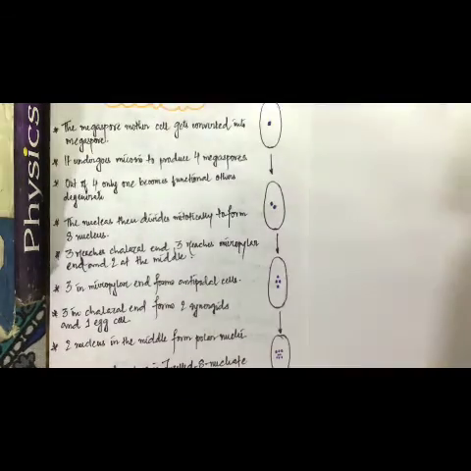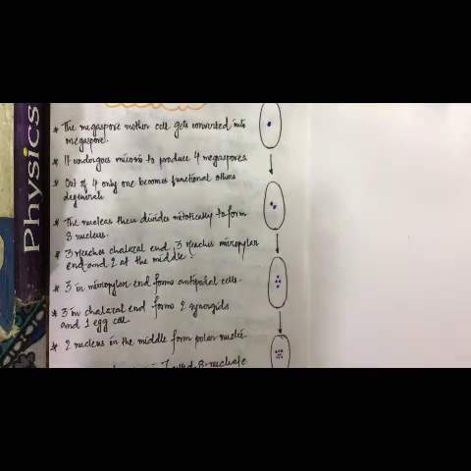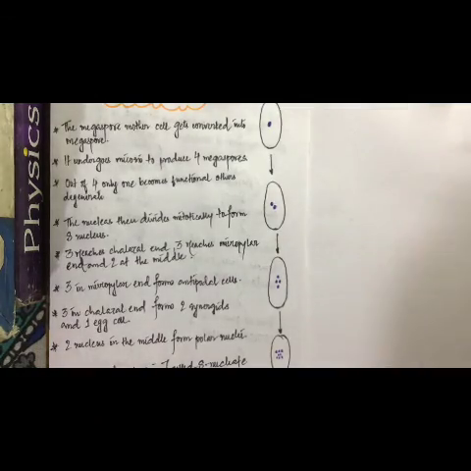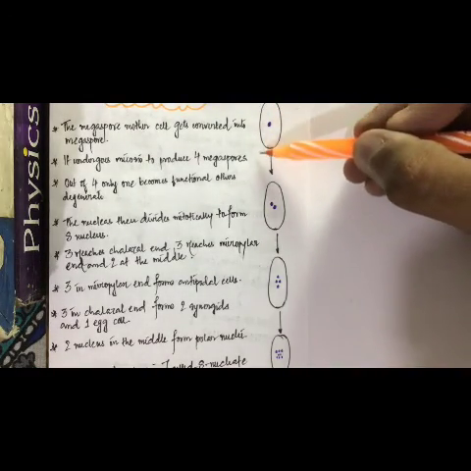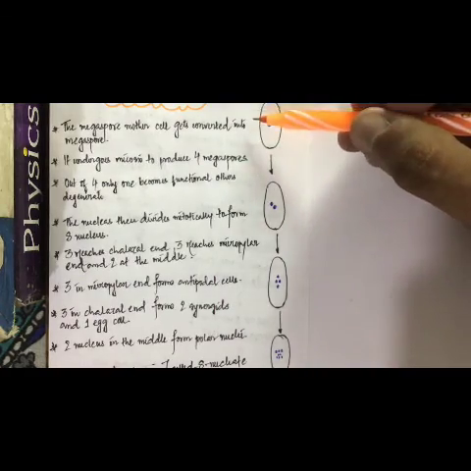The megaspore mother cell gets converted into megaspore. Inside the nucellus, we have many megaspore mother cells. Out of those, a few cells get converted to something called megaspore. This cell you can see here is a megaspore.